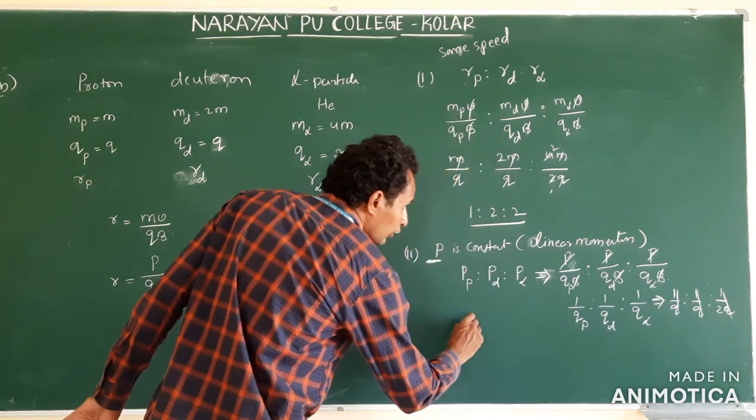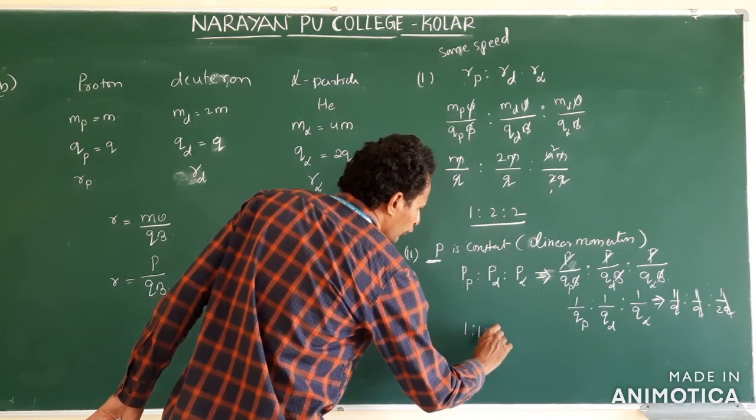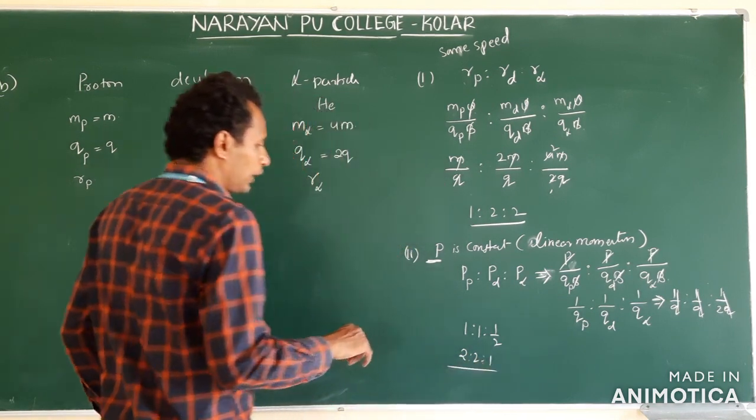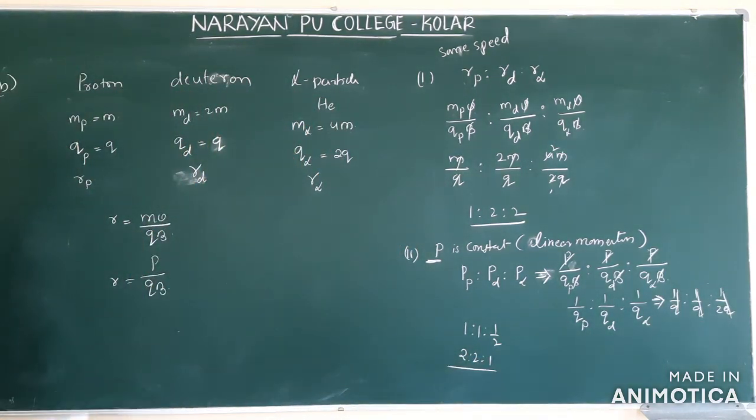Then we will have 1 is to 1 by 2. Then this we will write 2 is to 1. So 2 is to 1. So this is about what? When 3 particles enter into a magnetic field with constant momentum. Now we will see the third question.